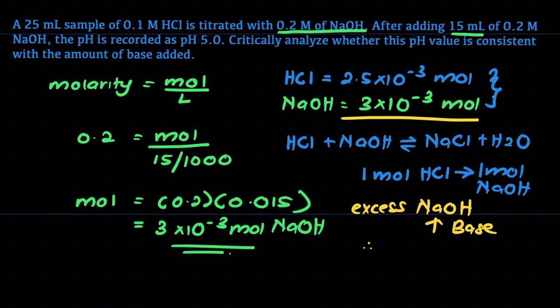So we can say that the pH should be any value above 7. The recorded value is 5.0. Therefore, we say in this question that the value of pH 5.0 is actually inconsistent with the amount of base added because the pH should be more than 7. So this is the answer for this question.